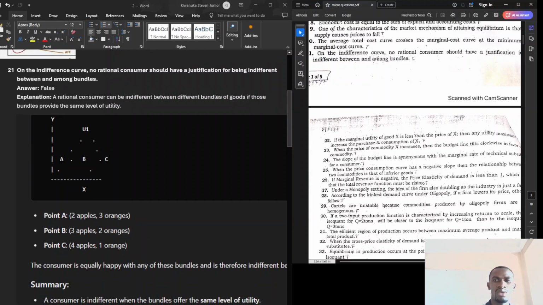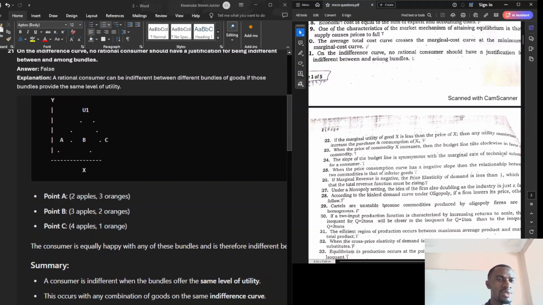So the question says on an indifference curve, no rational consumer should have a justification for being indifferent between and among bundles. We see that is false. Why? A rational consumer can be indifferent between different bundles of goods if those bundles provide the same level of utility. If all these ones satisfy you, the consumer is equally happy with those bundles, and that is what we call being indifferent.